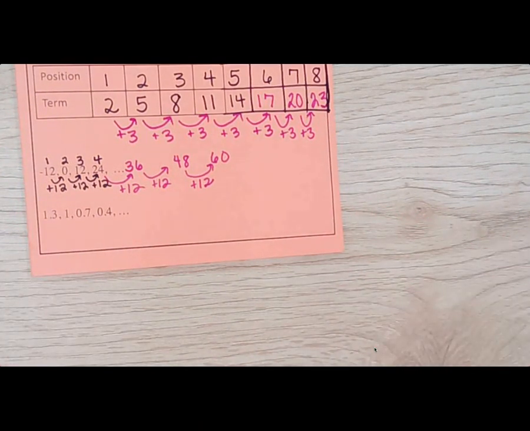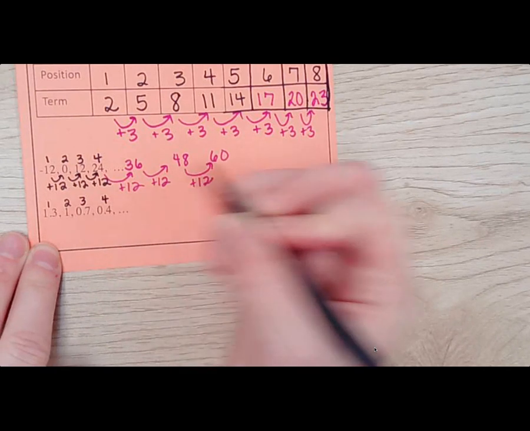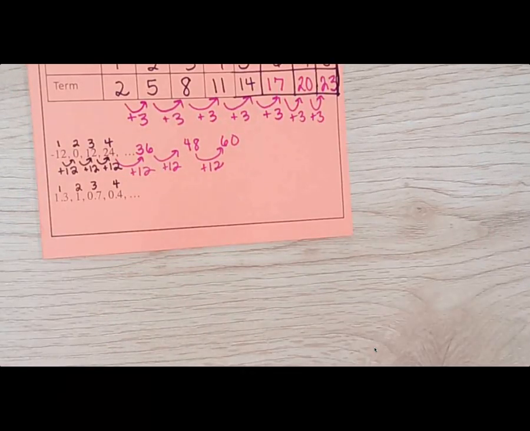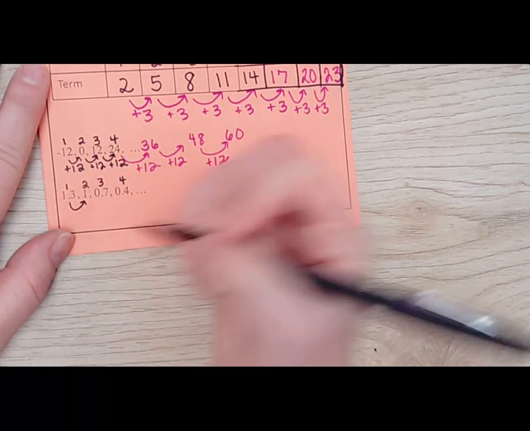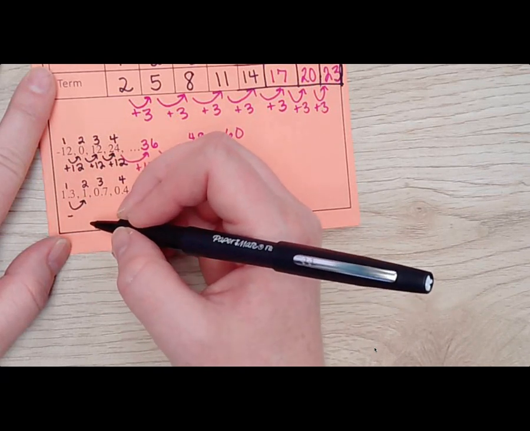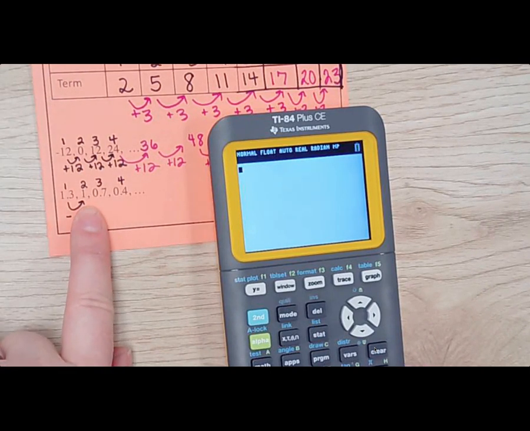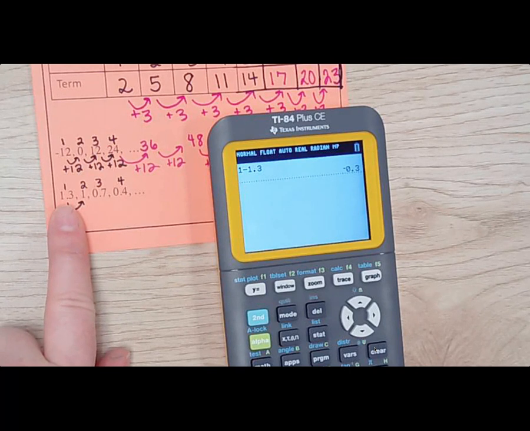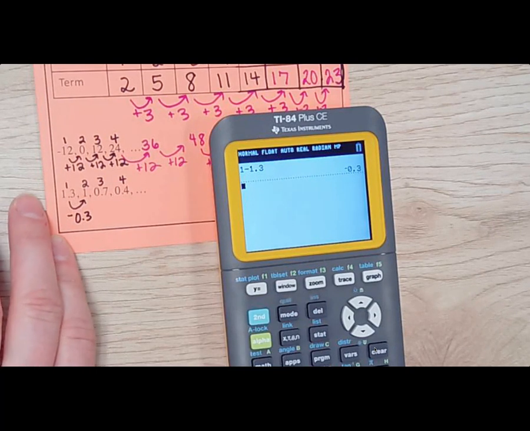Okay, look at the next one. This is our first term, second term, third term, fourth term. Okay, so let's look at 1.3 to 1. It's minus 0.3. How could you find it using the calculator? Can't you go the opposite? 1 minus 1.3? Negative 0.3? So it's a decreasing pattern?